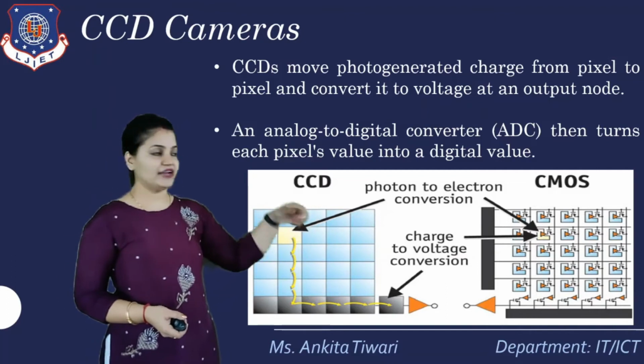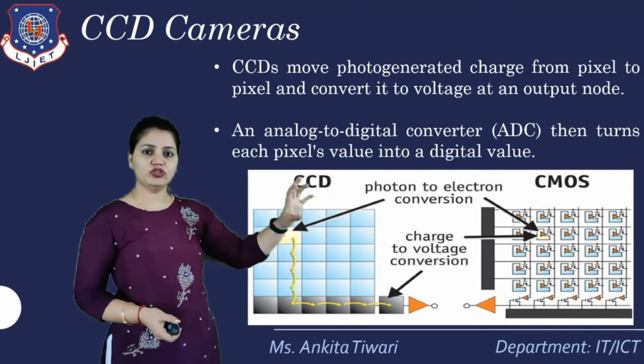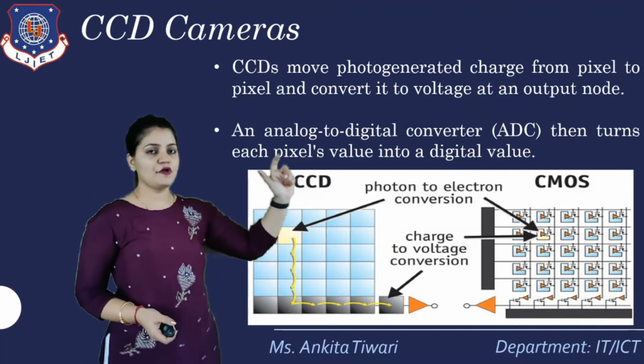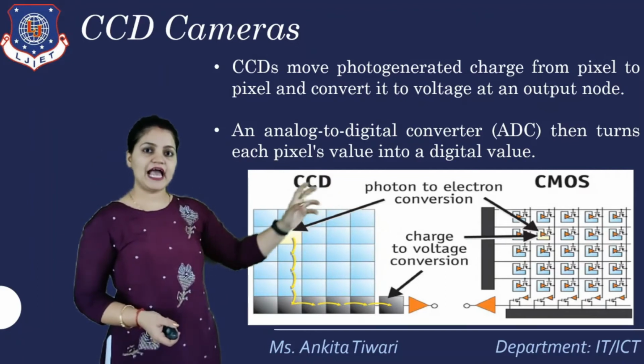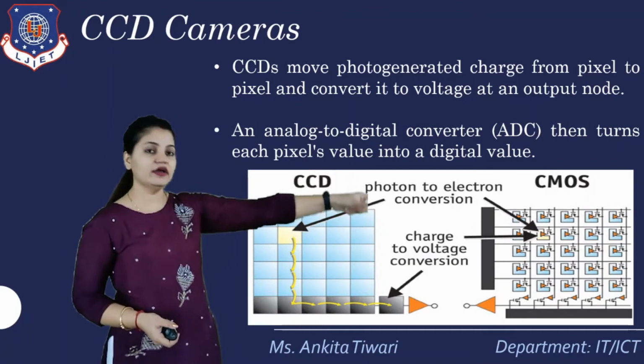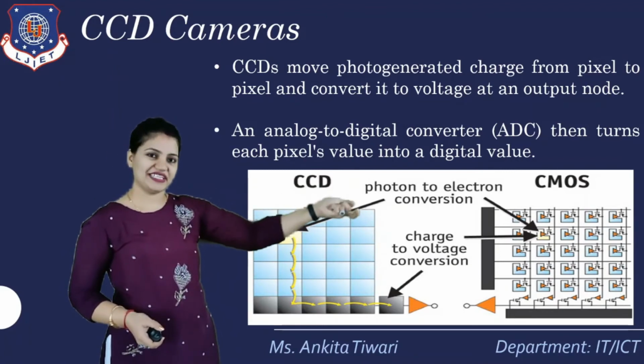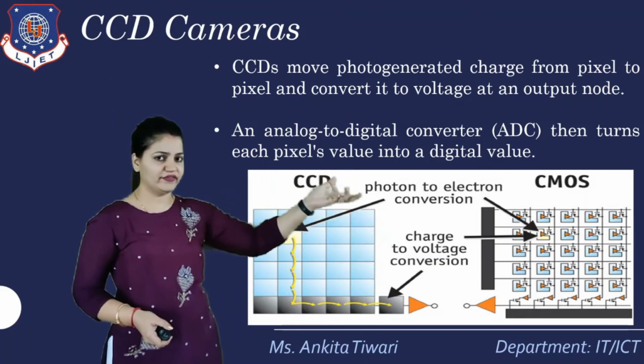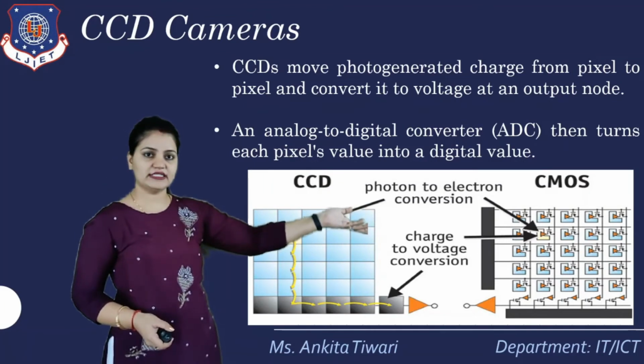We are having CCD and we are having CMOS. Both follow the same process, that is photon to electronic conversion and charge to voltage conversion, both at a particular cell. As you can see here, that cell is a pixel value, that is the XY value that we have already seen in the last lecture itself.